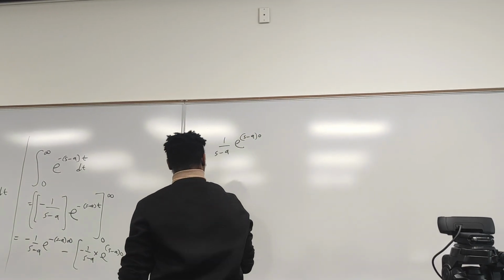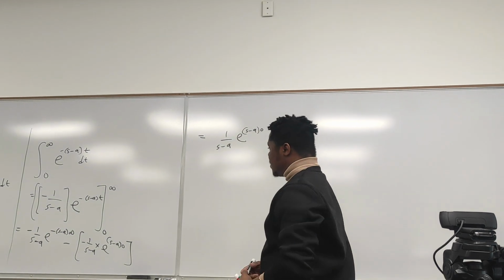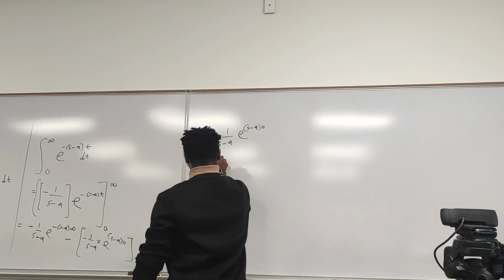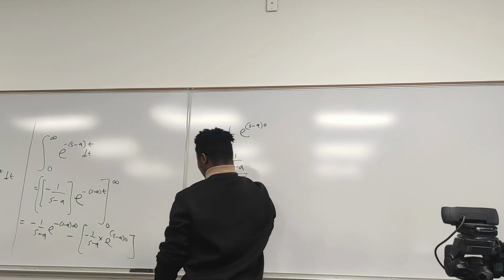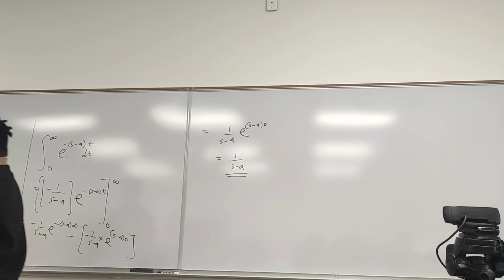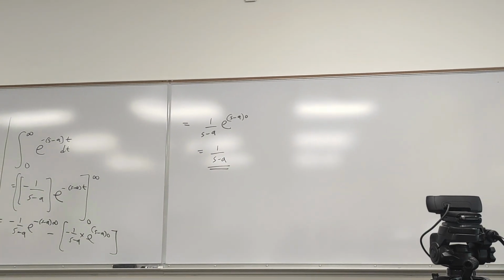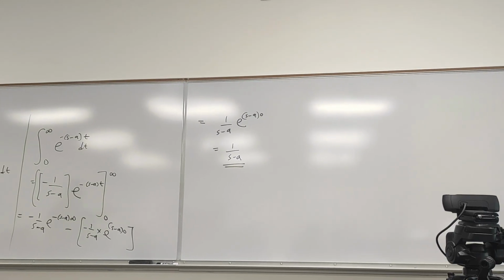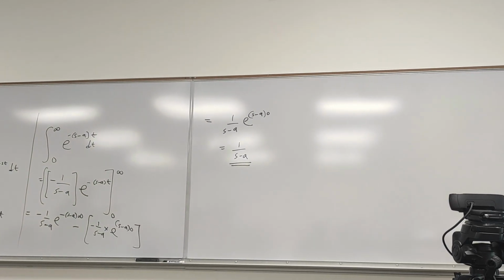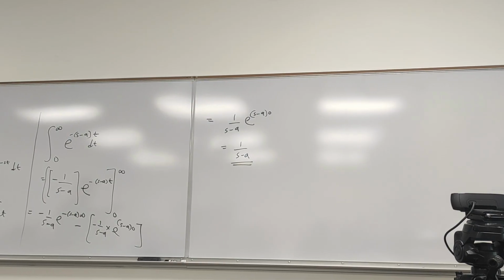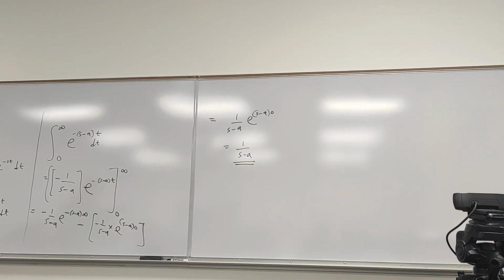Of course, exponential 0 is 1, so the result is 1 over s minus a. And if you look at your Laplace table, exponential at is 1 over s minus a, which is the second one.